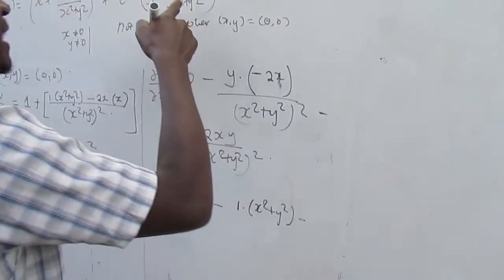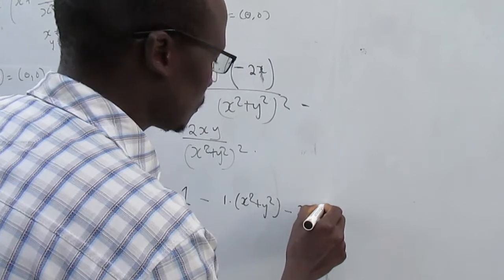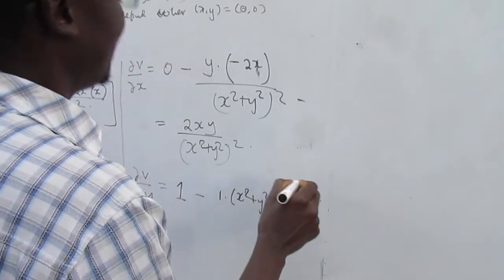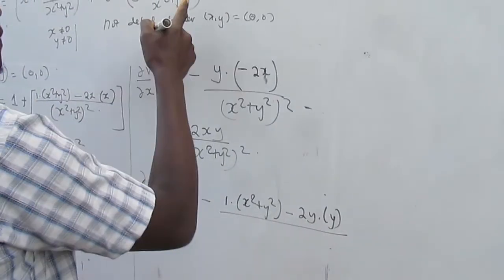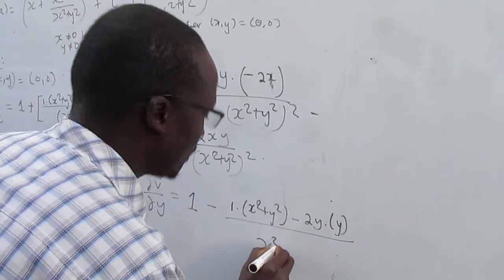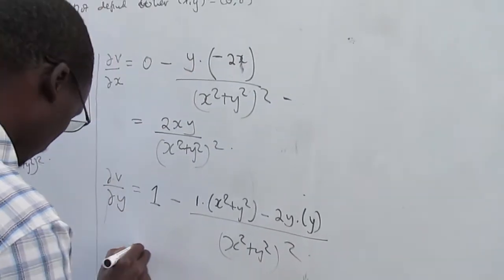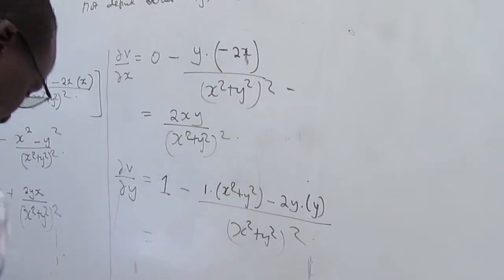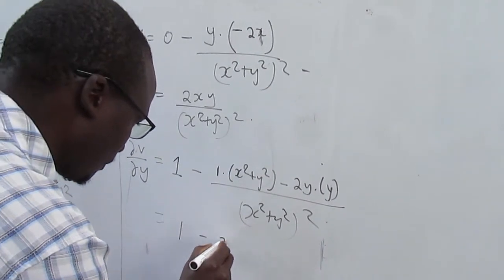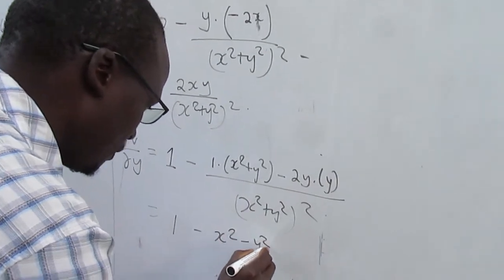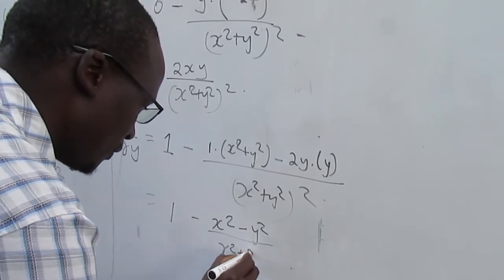Then we subtract the derivative of the denominator multiplied by the numerator, and this we put over the square of the denominator. Once again, if you work this out keenly, you will get 1 minus x squared minus y squared, and this is over x squared plus y squared, the whole quantity squared.